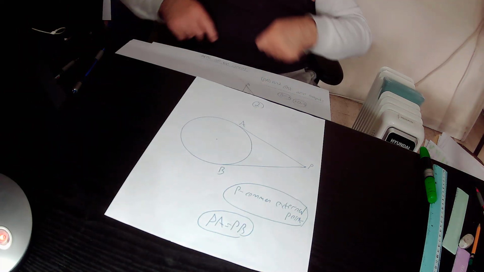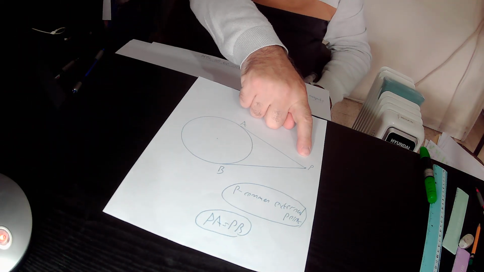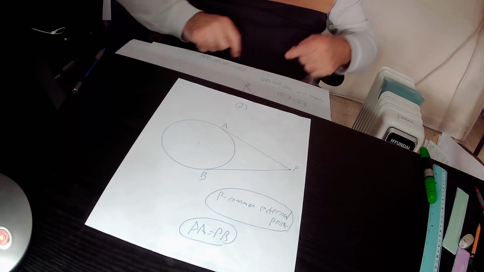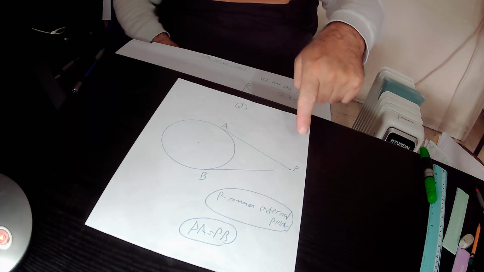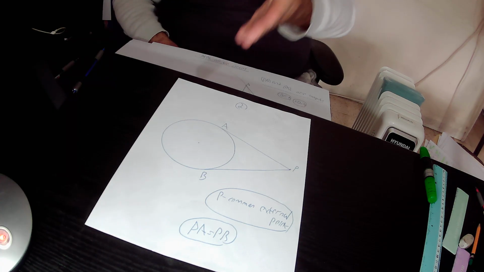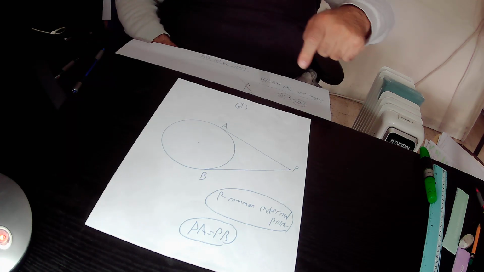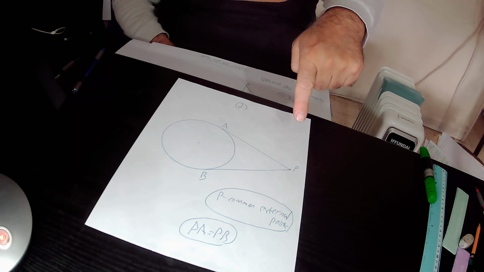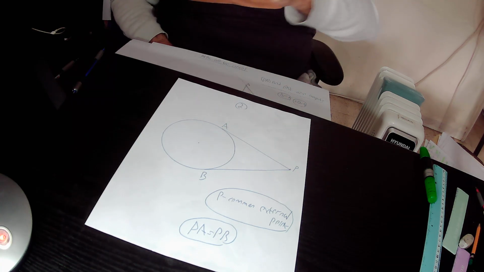In the drawing, we have a circle and the common point P. From P we have two tangents, PA and PB, and according to rule 2, they are equal to each other. So PA equals PB.